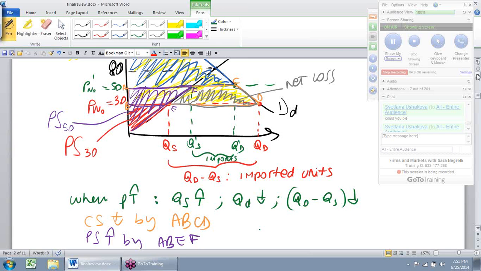So here the government gives $10 to whoever buys from foreign countries. If you buy from your country, you are paying 50. If you buy from outside, you get 40. So clearly the price in the country must also go down. So now the producer in the country will set a price of 40.